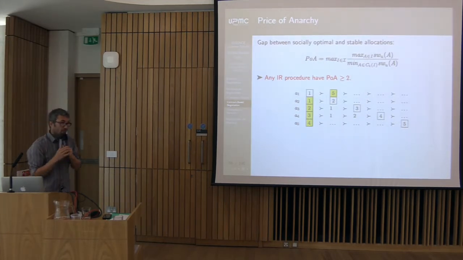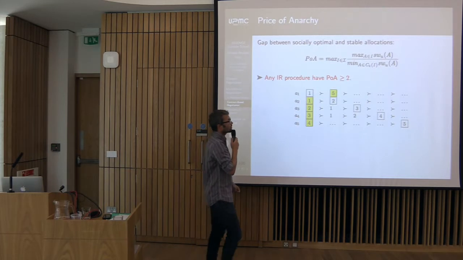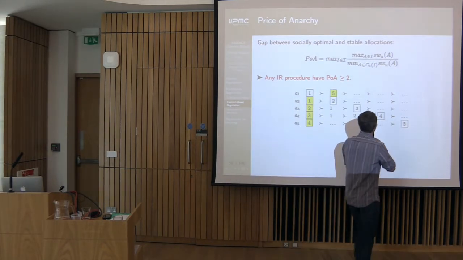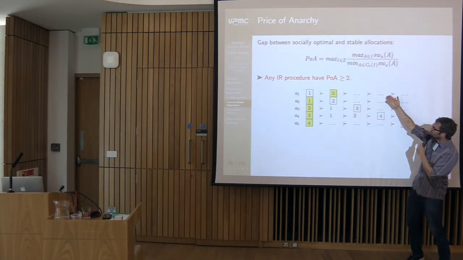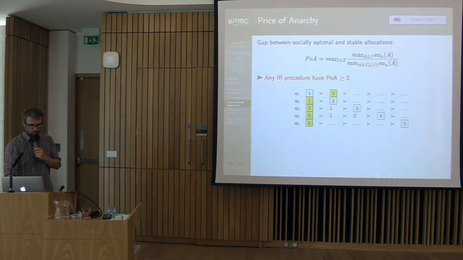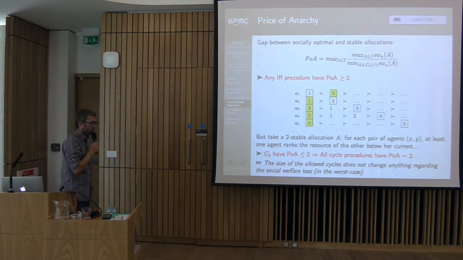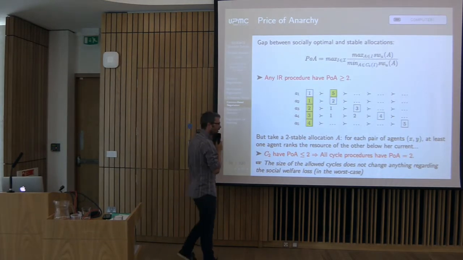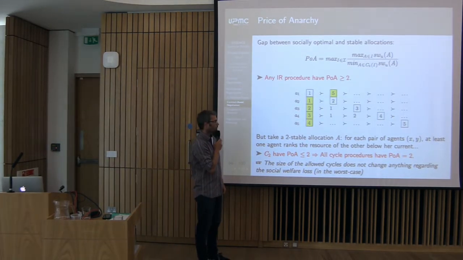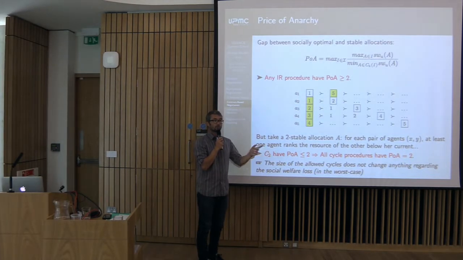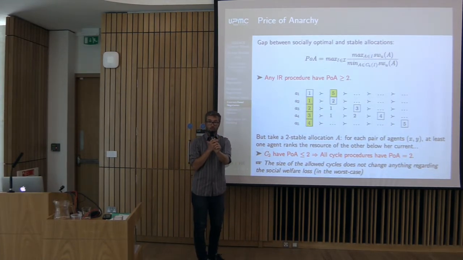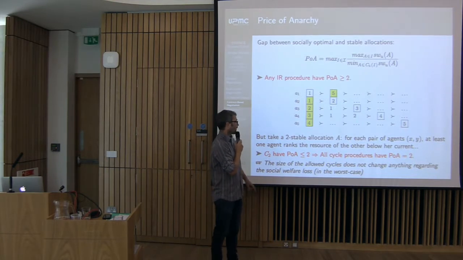Okay, but maybe it can be worse than that. Maybe it could be that I am stuck in an allocation here, which could be even worse than this ratio of 2. And, well, actually, no, it's not the case. So, as long as I allow agents to deal using these swaps, what's going to happen?